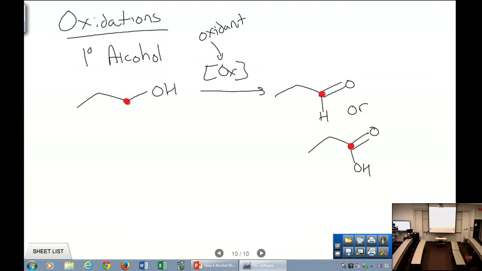So I start out with 2 hydrogens on my alcohol here. I end up with 1 hydrogen here and 0 hydrogens here. So for an oxidation to happen, there has to be a hydrogen on the carbon of your alcohol.